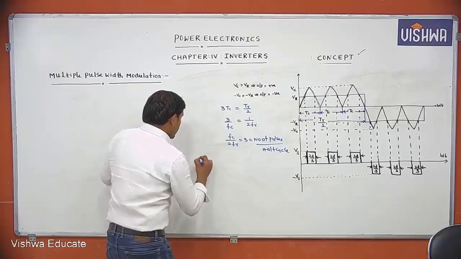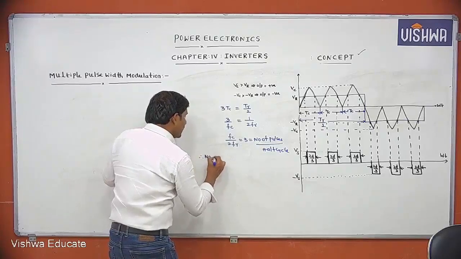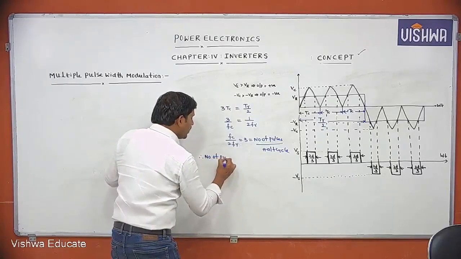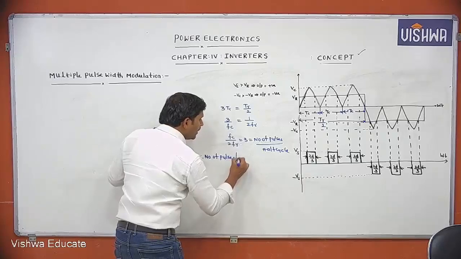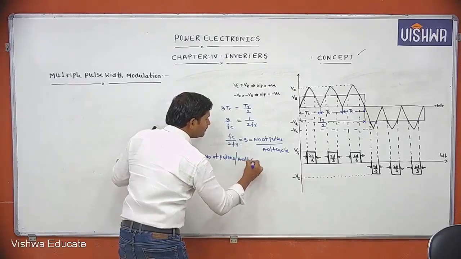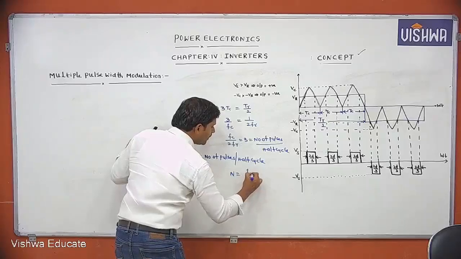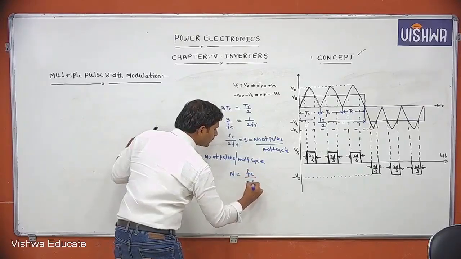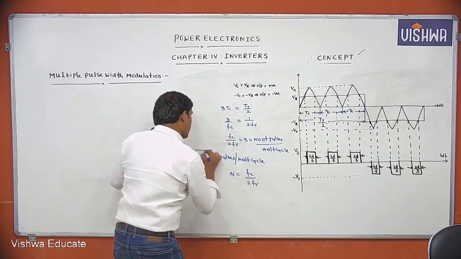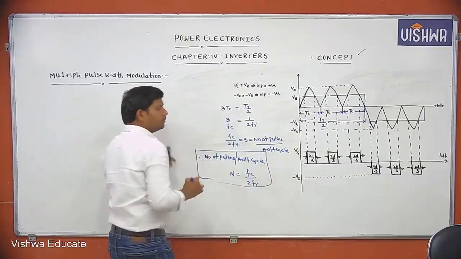Therefore, in multiple pulse width modulation, how many pulses per half cycle? The number of pulses per half cycle n equal to Fc by 2Fr. This is a generalized formula, a very important formula.